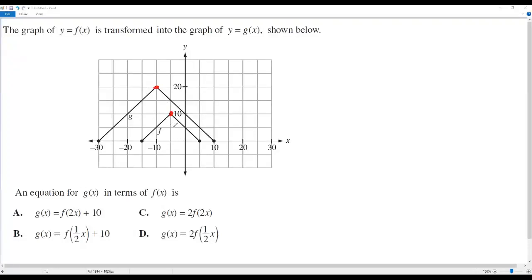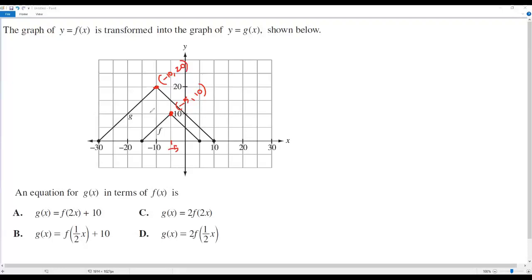So the vertex of f is negative 5 comma 10. Here the x-coordinate is negative 5, and the vertex of g is negative 10 comma 20. Initially, I'm going to try horizontal and vertical translations on f to get g.